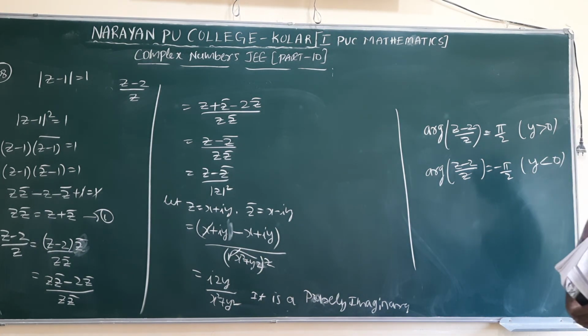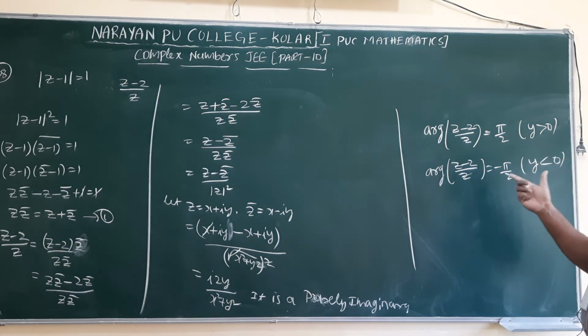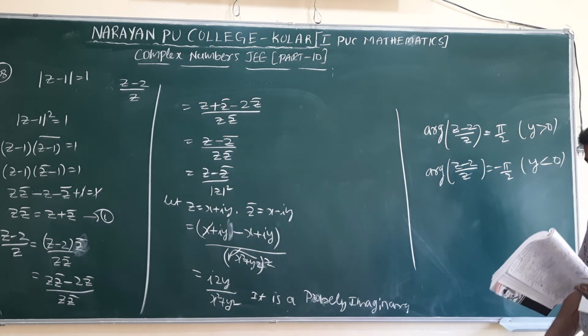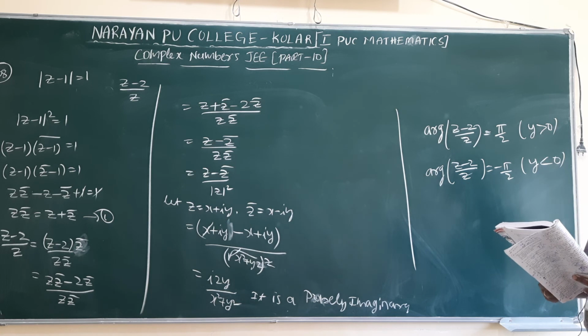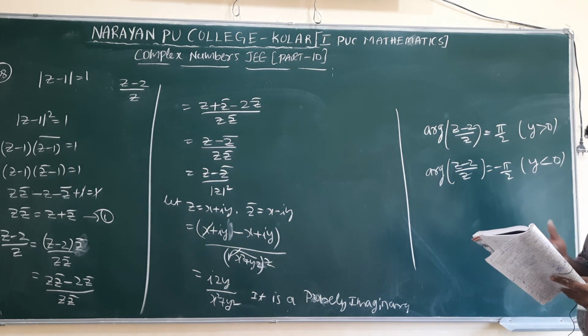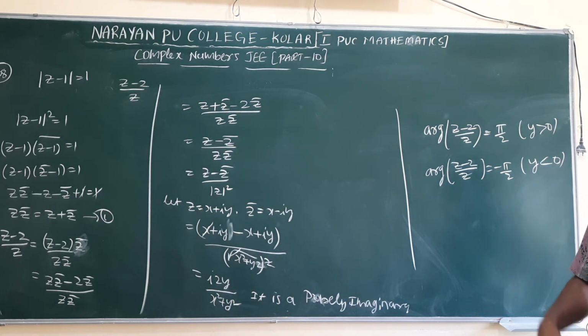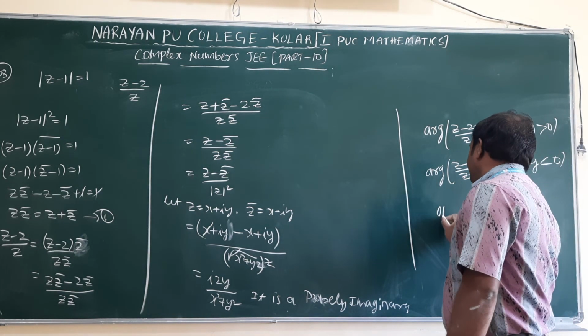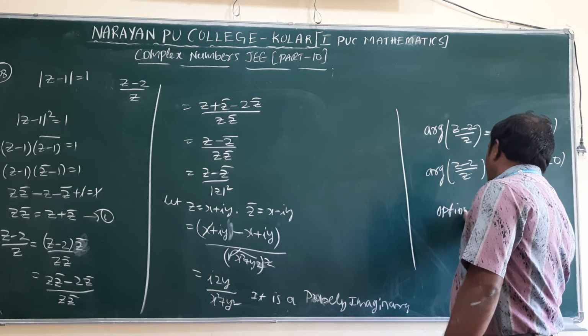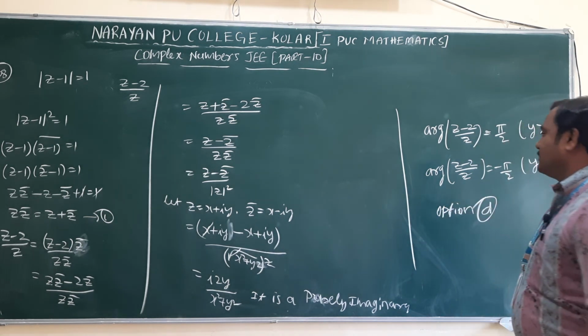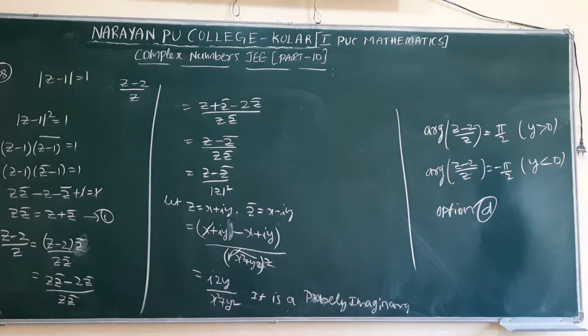So we are getting plus or minus pi by 2, but this is not given in the options. Option A is 0, not getting 0; B is 2, not getting; C is minus 1, not getting. So option D, none of these, is the correct option.